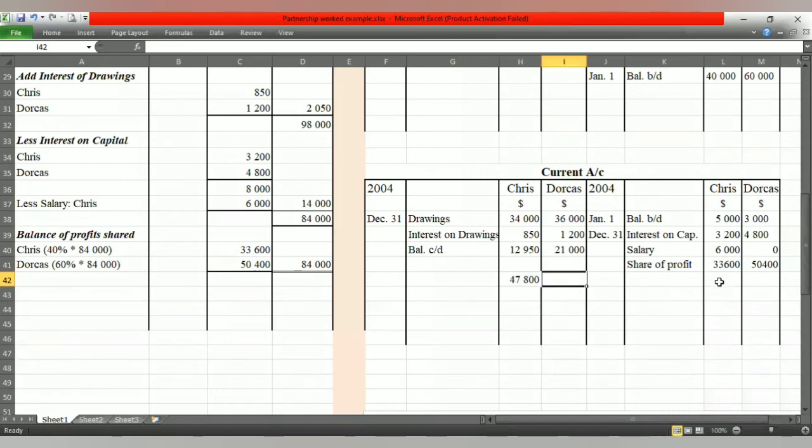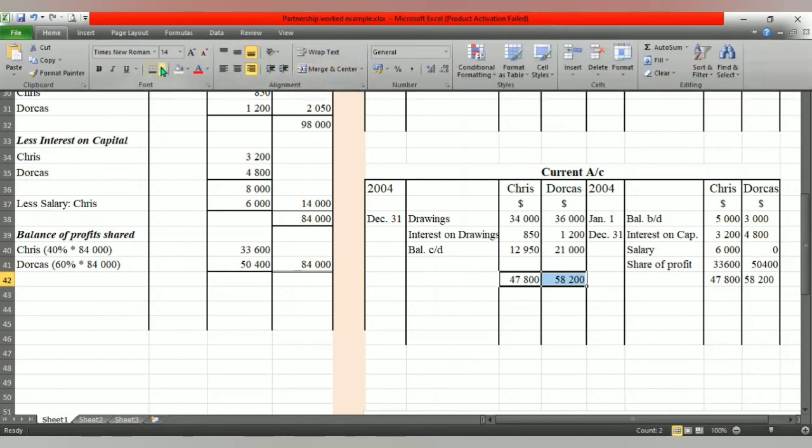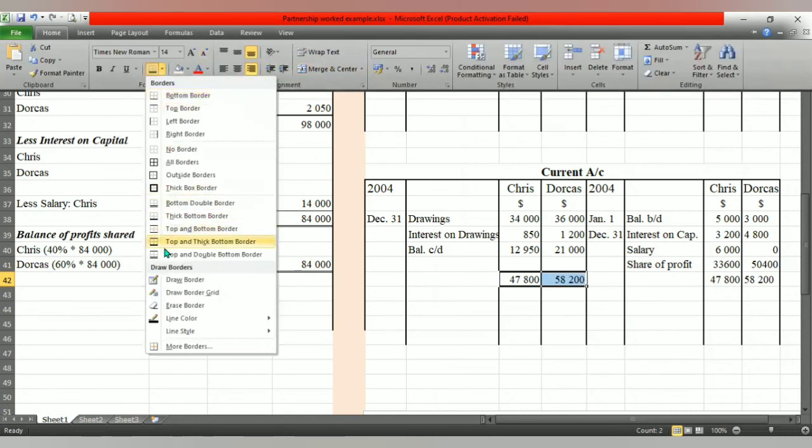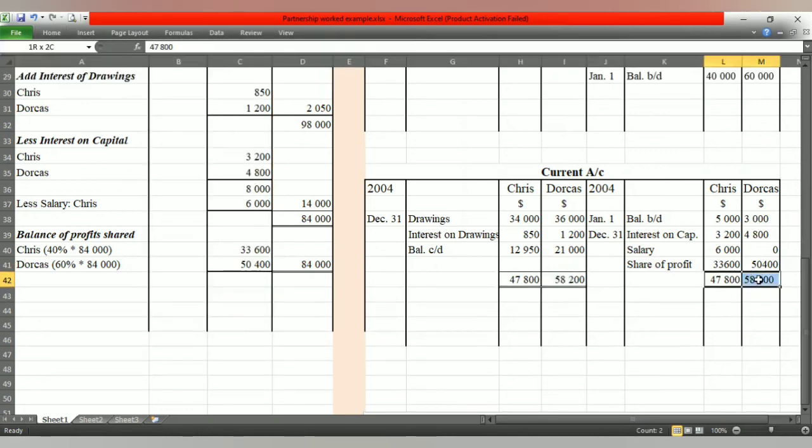For Dorcas, it is 58,200. Okay, so the next thing is to put in our single line above, double line below for the totals.